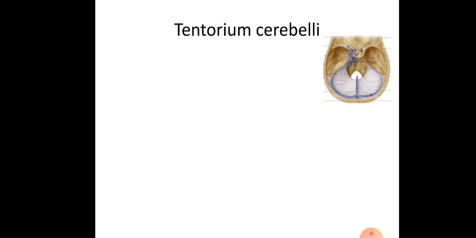Now about the tentorium cerebelli. When you remove the falx cerebri, this will be the picture. This will be the tent over the posterior cranial fossa, over the cerebellum. The shape is tent shape. Location, it is in the posterior cranial fossa, above the cerebellum or between the cerebellum and cerebrum.